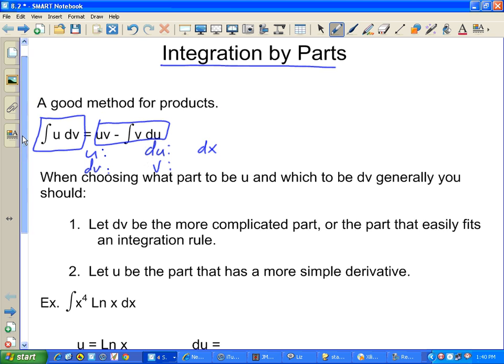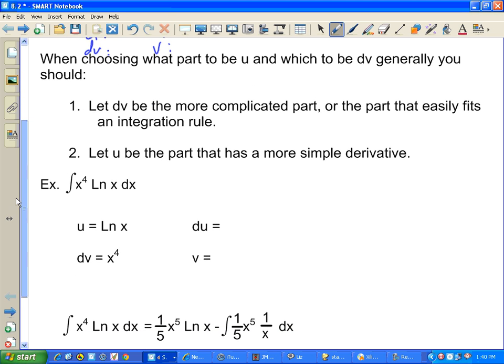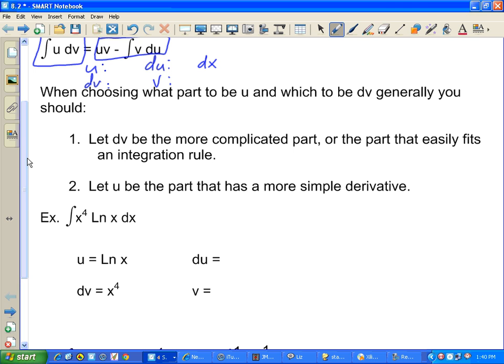Okay, so there's a couple guidelines that'll help you when you're choosing which parts to be u and which to be dv. You want the dv to be the more complicated part, or the one that you can see easily fits into one of your integration rules. So if you see something that looks like an arctangent or an arcsine or an arcsecant or an ln function, anything like that, you probably want to make your u.